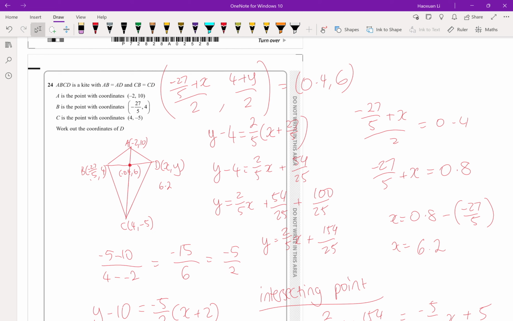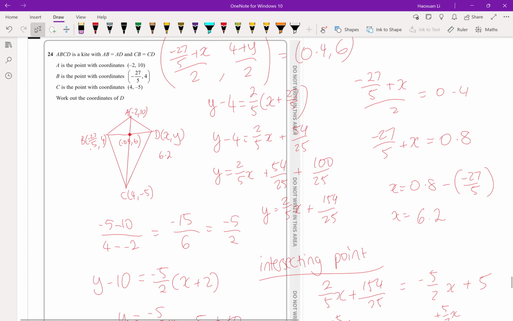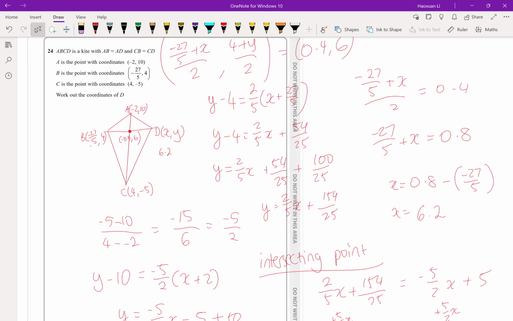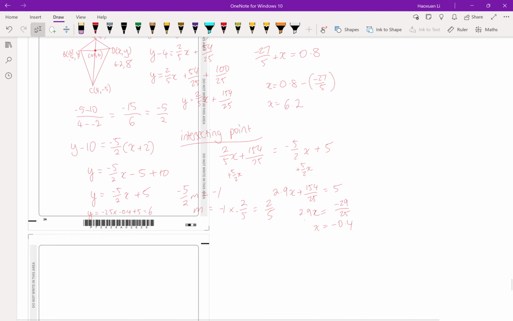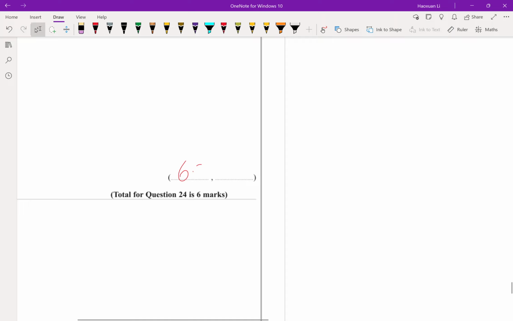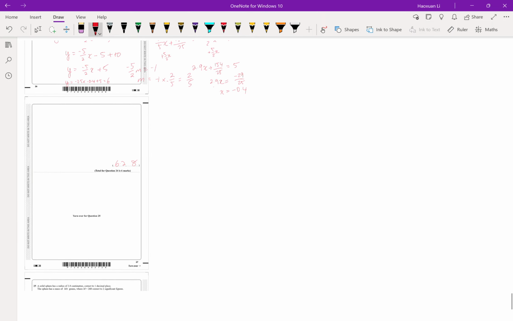And the other one, the y, is 8, because 4 plus something, half of it would be 6. So 6.2 and 8. Therefore, the answer is 6.2 and 8.